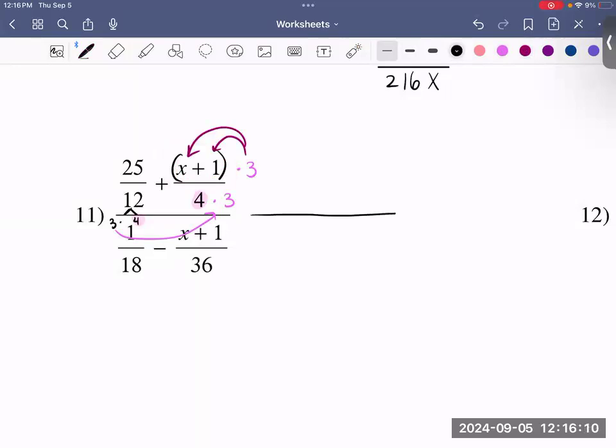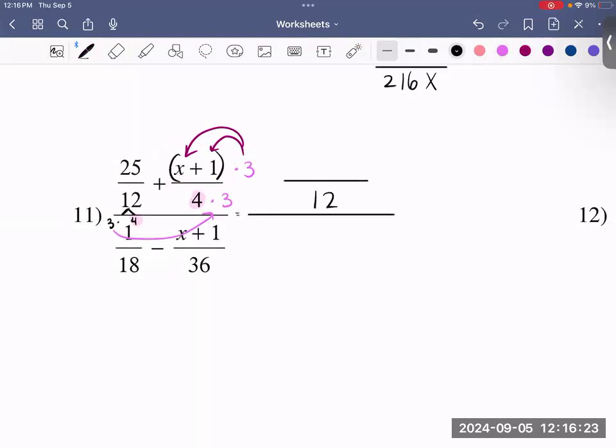So in your numerator, we should have everything over 12. You're going to notice that I'm going to skip that step in the middle now. So we have 25. We didn't get to multiply anything to it. Plus, distributing that 3 evenly, we should end up with 3x plus 3.